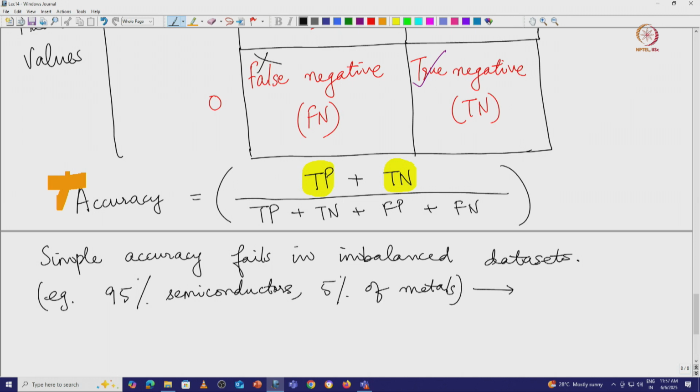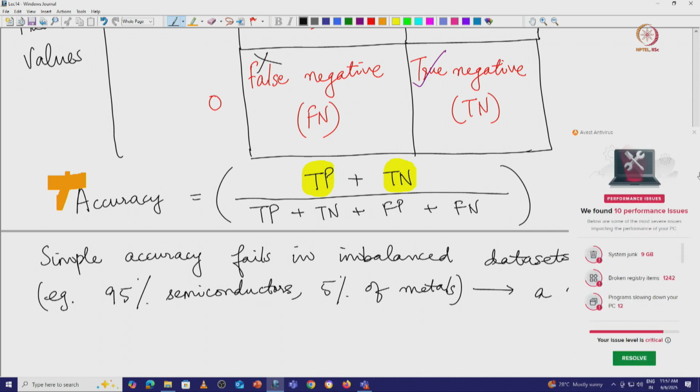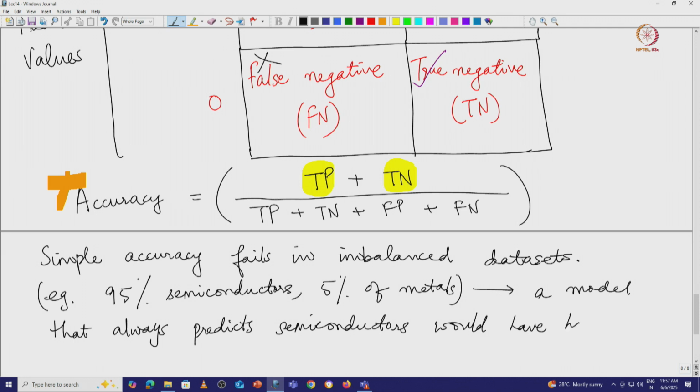In this case, a model that always predicts semiconductors would have high accuracy. Clearly this is a problem, we can't allow this.